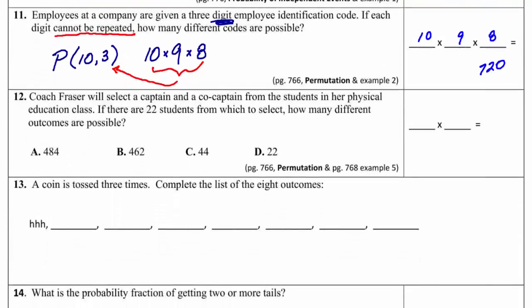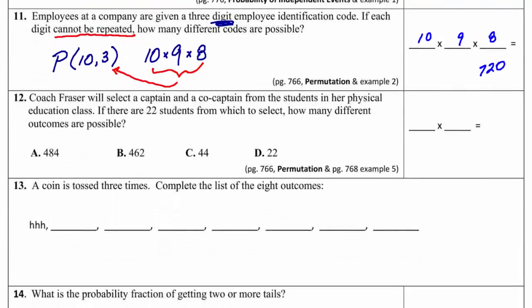Same idea on number 12. Coach Frazier is going to select a captain and a co-captain. There are 22 students. She needs to select 2. How many different outcomes are there? Well, each student could be captain, or each student could be co-captain. So this is a permutation where you have 22 different possibilities, and you're pulling out groups of 2.